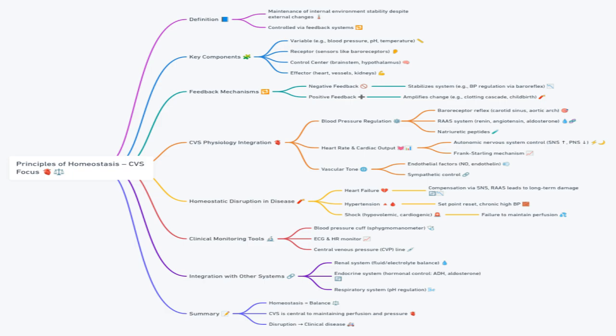When it comes to molecular and cellular mechanisms, signal transduction, gene expression, and ion channel regulation are very important over here. For signal transduction, receptor-ligand interaction initiates a cascade involving second messengers, for example, cyclic AMP and calcium.